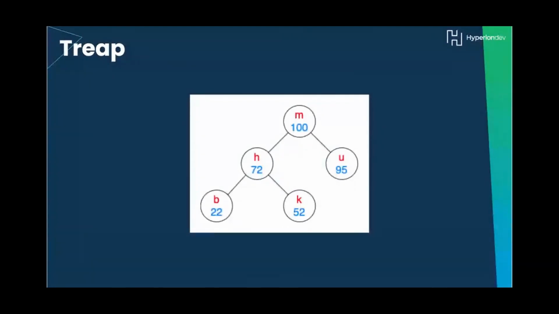Next, we have treaps. So treaps are a combination of trees and heaps in data structures. In a binary search tree, like I mentioned, the values of the left child must be less than the value of the root node, while the right must be greater. So the root node in a heap data structure has lower value, and its children nodes, both left and right, have higher value.